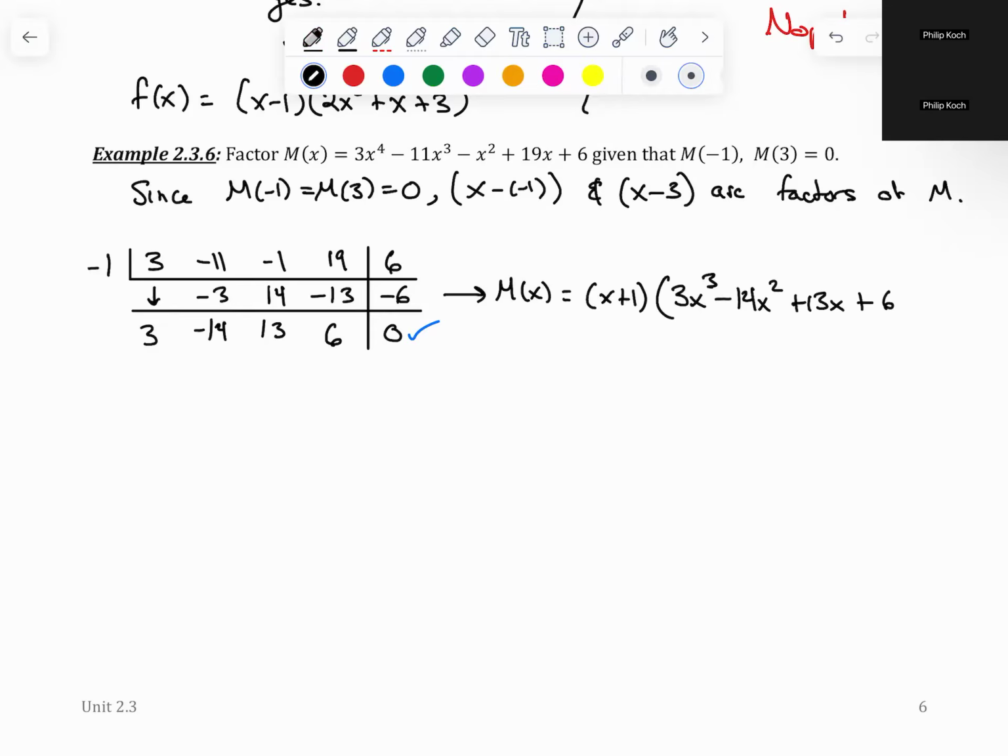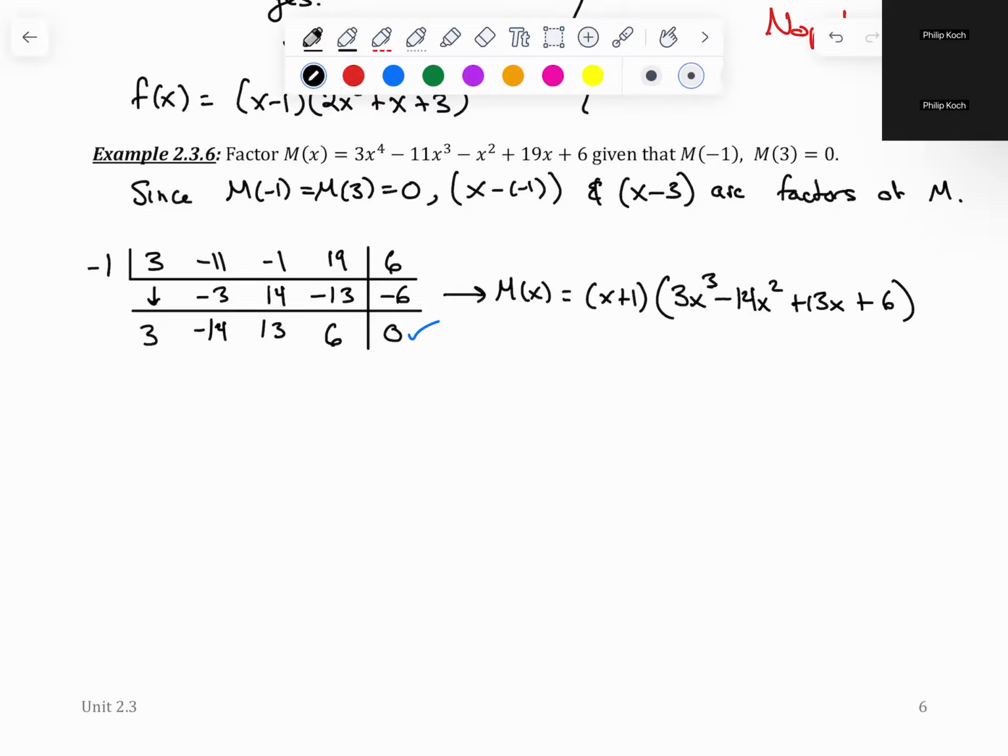Now, here's where students go wrong on this problem. We have just broken down m into one part that's a binomial, the x plus 1, and a degree 3 polynomial. Cool.